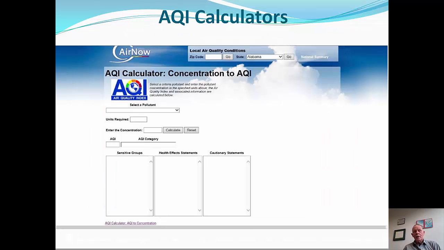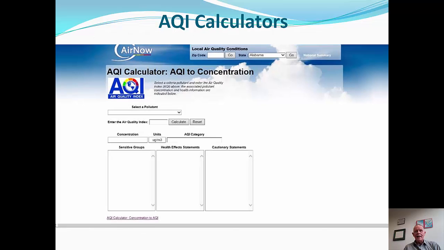If you go to a section of the EPA website called AirNow, you can find what's called an air quality index calculator. And there's a couple of different ways you can use this. You can put in the gas or pollutant like particulate matter, PM2.5, that you're interested in, the concentration that's being measured, and then it will give you the air quality index and whether it's good, bad, or very bad.